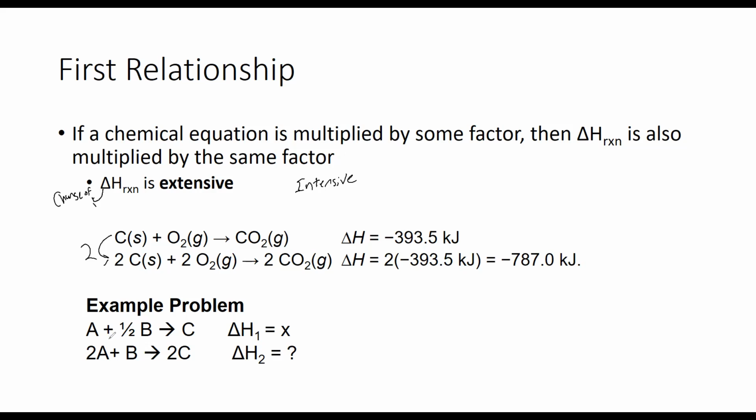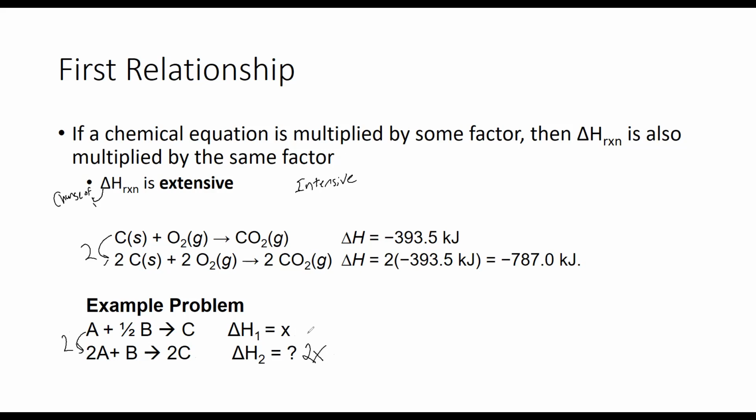As seen in this example problem, A plus 1/2 B goes to C. If the change in enthalpy there is X, what is the enthalpy change for the reaction 2A plus B goes to 2C? Well, we just multiplied everything by 2 to go from the top to the bottom. Therefore, the change in enthalpy in this reaction would be 2X.